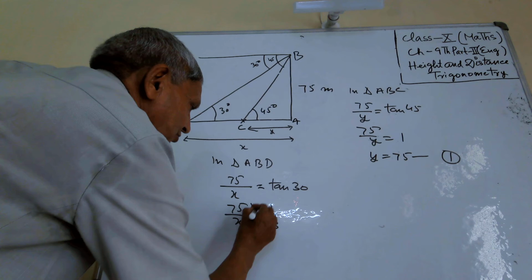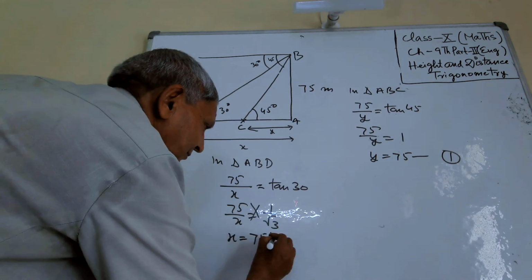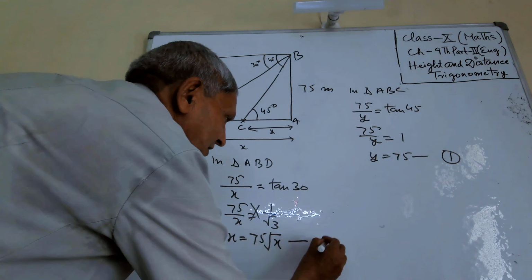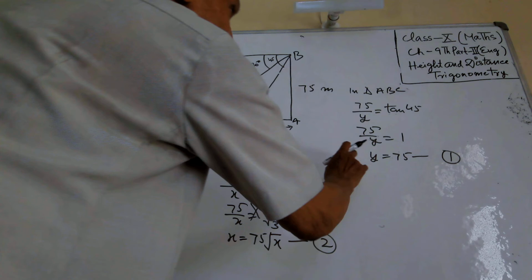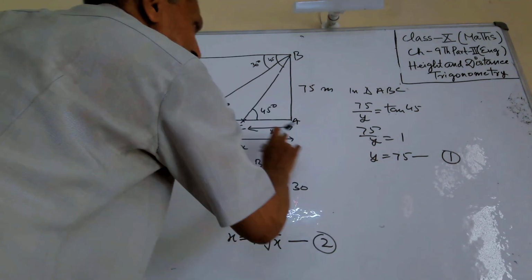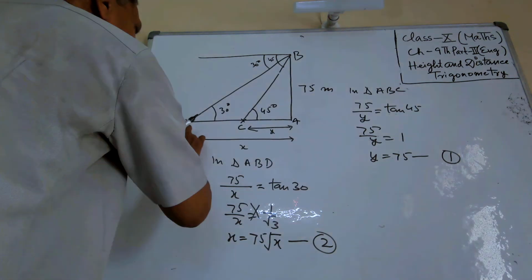By cross multiplication, x is equal to 75 root 3. This is the second value. Now the whole length is x, so y is this. And we have to find out the difference between C and D.